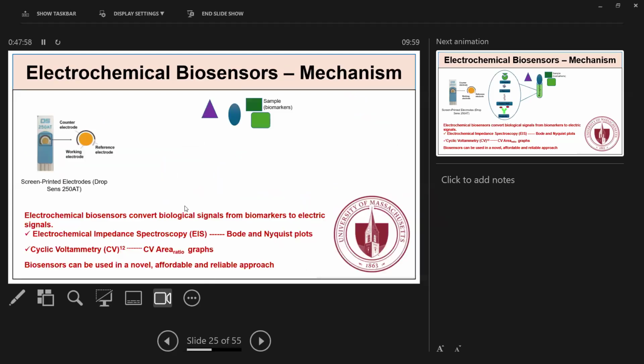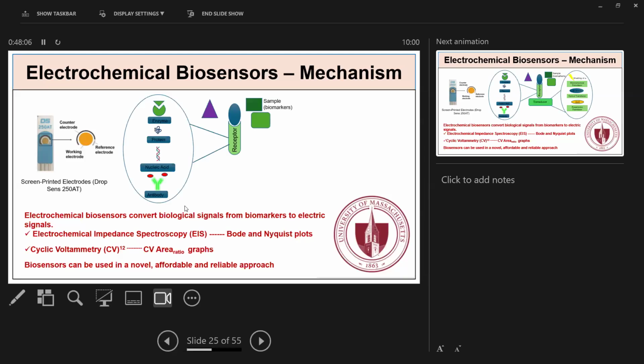Yeah. So as I mentioned, at the working electrode we have the sample biomarkers, and these sample biomarkers can be attached to a receptor. The sample biomarkers are nothing but the ligand, and this one is the receptor. To understand it in an easy way, just think of the lock and key model.